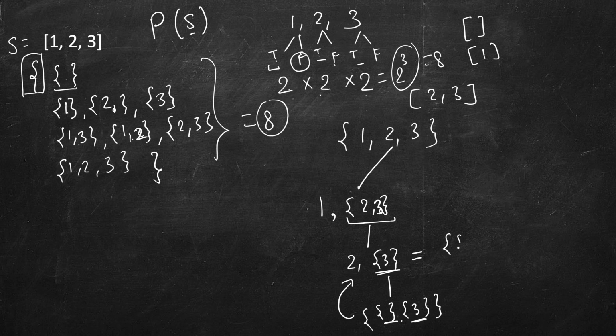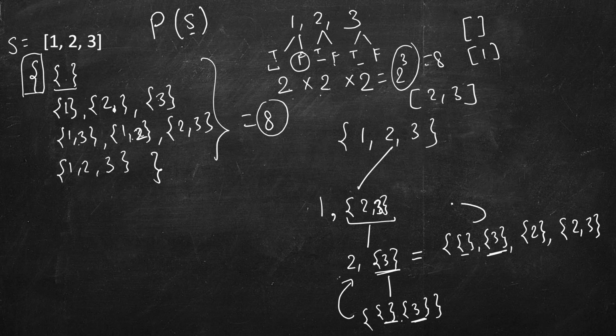So this remains as it is. We are not removing them, but we are picking them one by one. So first we pick this, add 2 to it, so it becomes 2. Then we pick 3 and add 2 to it, so it becomes 2, 3. And this is the solution for this part, 2, 3.